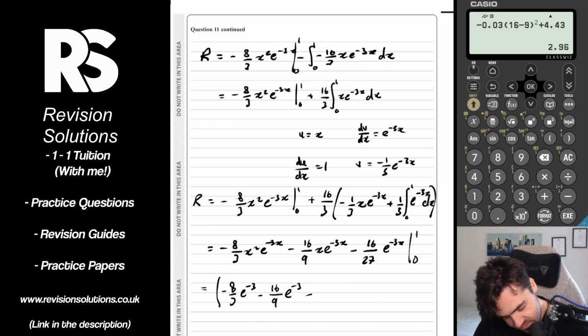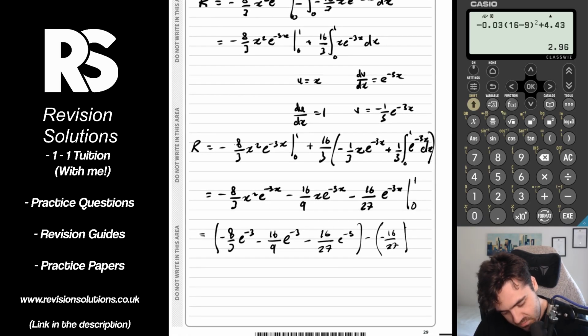And minus 16 over 27 e to the minus 3. That's our top limit. And then for our second limit, the 0, well, the first two terms have an x on them, so they're just going to come to nothing. We just need to worry about the last guy on the end, which is going to be minus 16 over 27, times e to the 0, which is just 1, so just that.